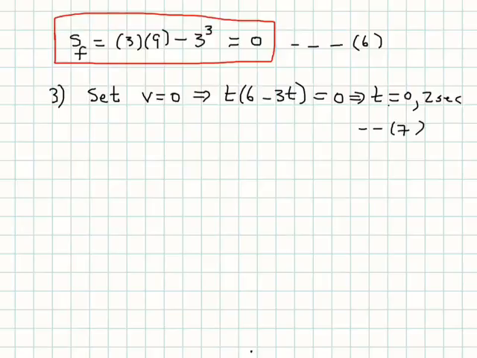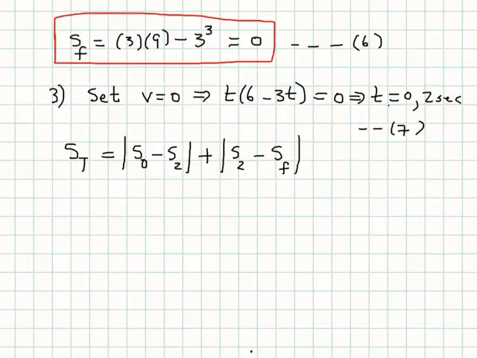Therefore, since the motion starts at time t equals 0, there's going to be a change in direction when time t equals 2 seconds. And so, remember the expression we discussed in class, the s total, that is the total distance traveled, becomes the absolute value of s0, where the motion begins, minus s at 2 seconds, plus the absolute value of s at 2 seconds minus s final, where the motion ended at 3 seconds.